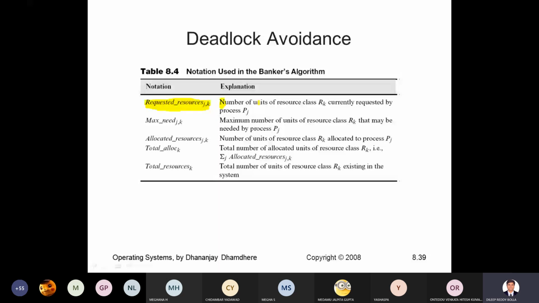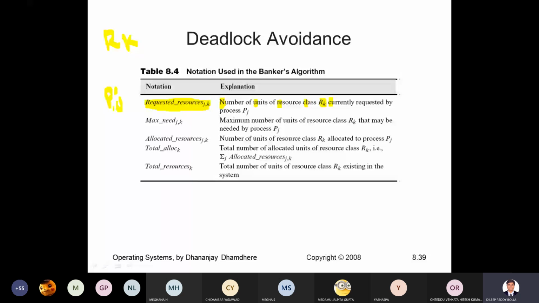Number of units of resource class RK currently requested by process PJ. Resource class is RK, the resource class currently requested by process PJ. That gives you the requested resources.